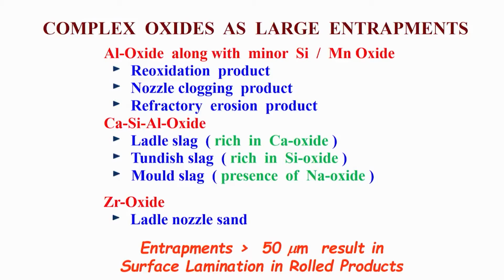That is very important to understand, because that will help us in identifying where they are coming from, how we can control it, whether we can totally restrict it. At least the large ones we should be able to restrict, so that they do not cause further quality problems. So, let us see what are the complex oxides which can be present as large entrapments.